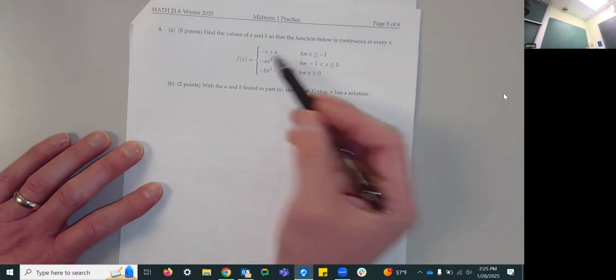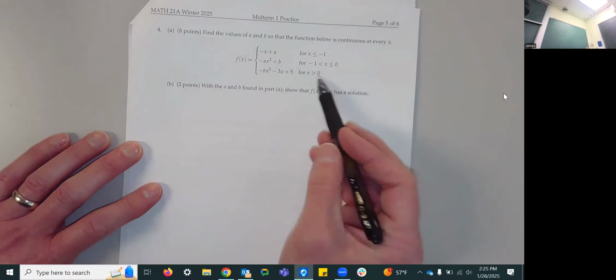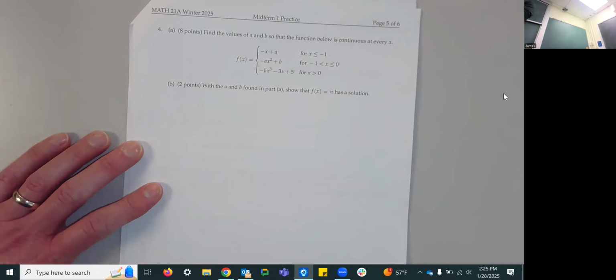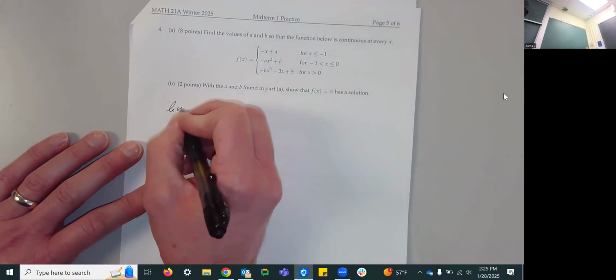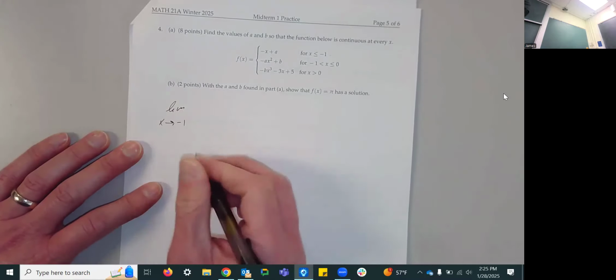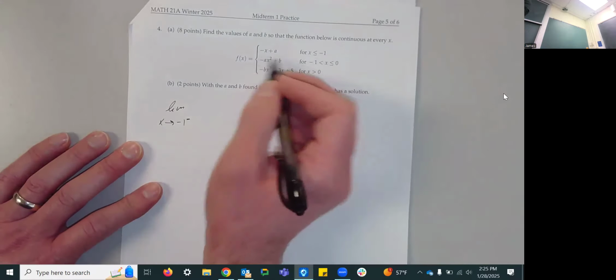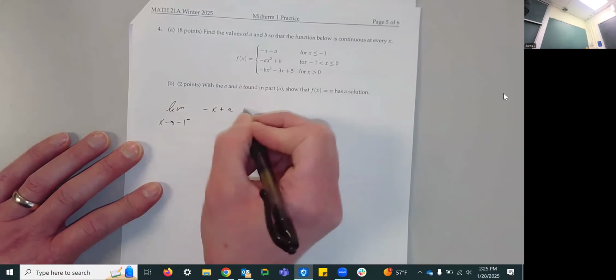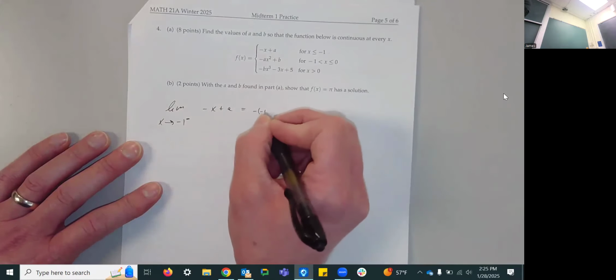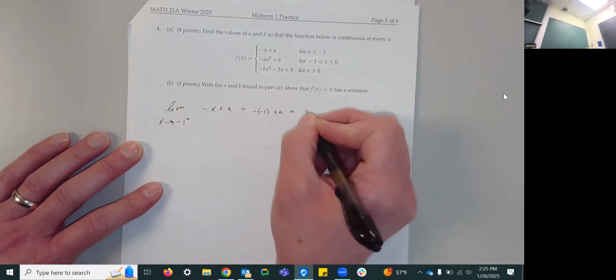f of -1 is something, f of 0 is something, and they're going to be whatever the limit values are as long as the limits exist here. So let's look at the limits. We need the limit as x approaches -1 from the left, which is going to use this piece, which is just -1 plus a, which is 1 plus a.